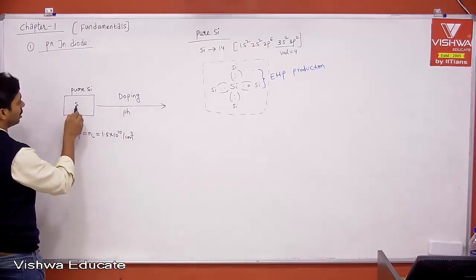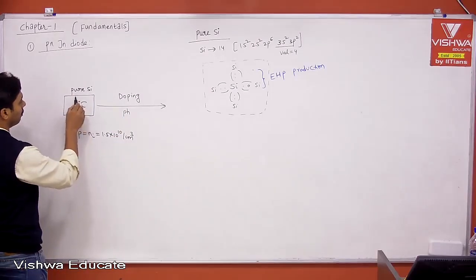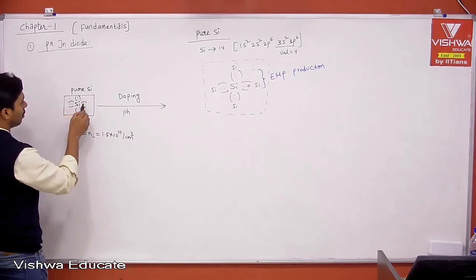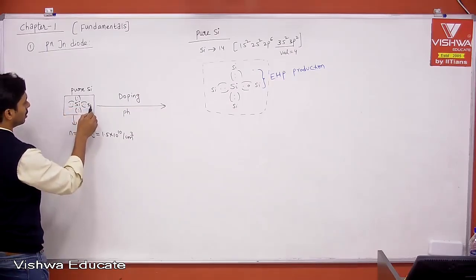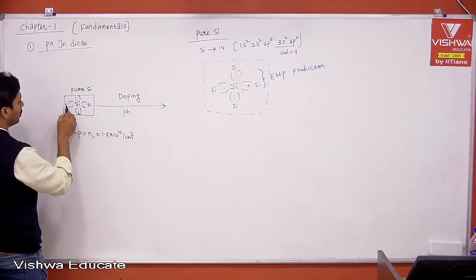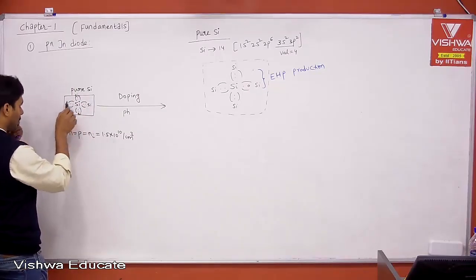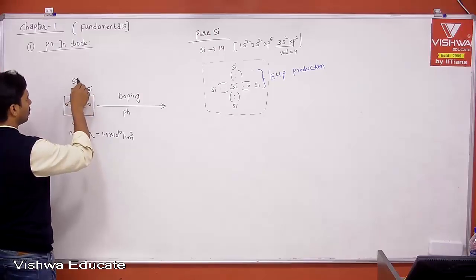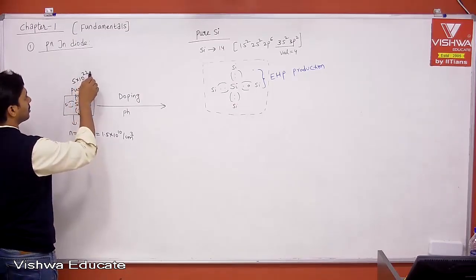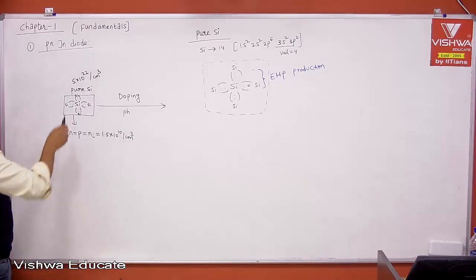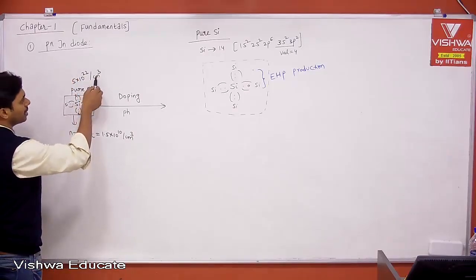Here I already told you that silicon shares with 4 silicon atoms to get stability. Basically this is nothing but covalent bonding, and this is the structure you can observe throughout the material. We have 5 × 10^22 silicon atoms per centimeter cube.